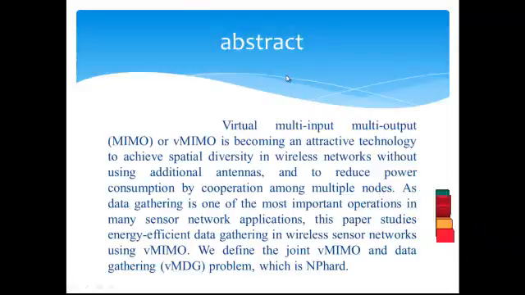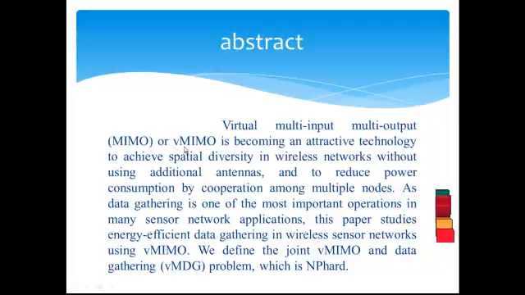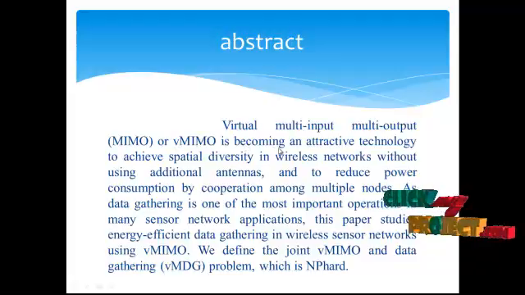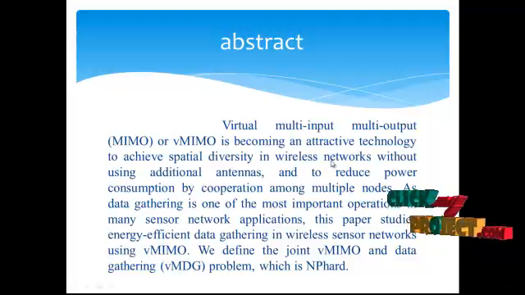Our project abstract: Virtual Multi-Input, Multi-Output MIMO, or VMIMO, is becoming an attractive technology to achieve spatial diversity in wireless networks without using additional antennas and to reduce power consumption by cooperation among multiple nodes.